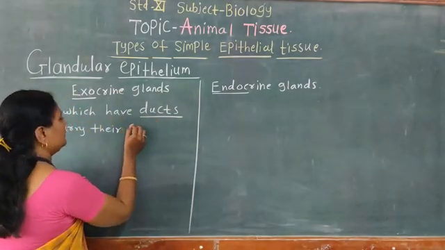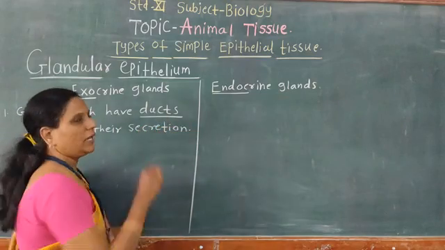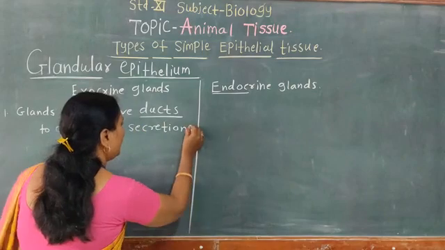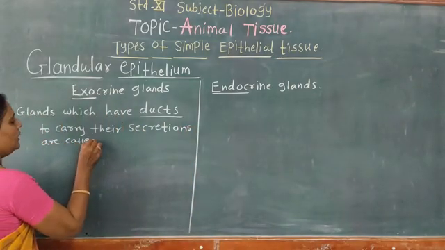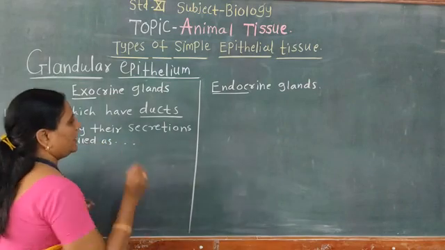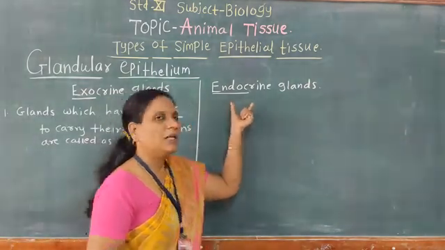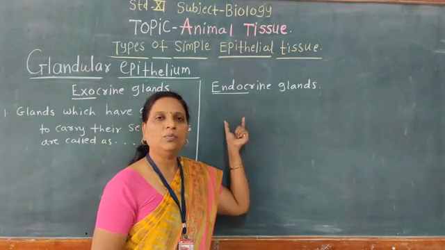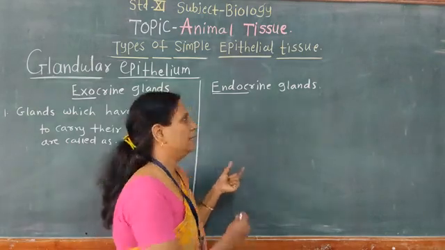Exocrine glands. The glands which have ducts to carry their secretions are called exocrine glands. And another type is the endocrine glands, which are glands without ducts. They are also called ductless glands.